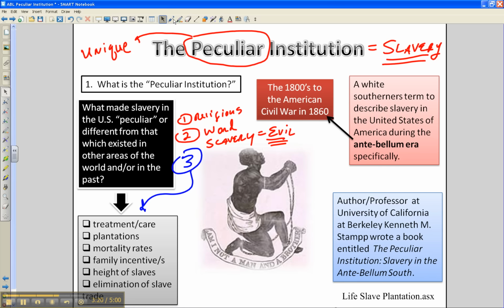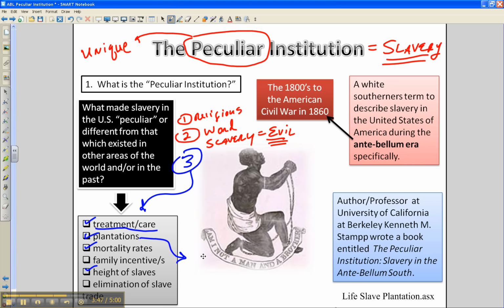There was a far different treatment and care of slaves in the South. The brutality, yes, it did exist, but there was treatment, there was care for individuals because these individuals were worth a tremendous amount of money. Mortality rates, you can look these up, are actually low for slaves, as well as the height, which means nutrition was decent, at least enough to not stunt growth.